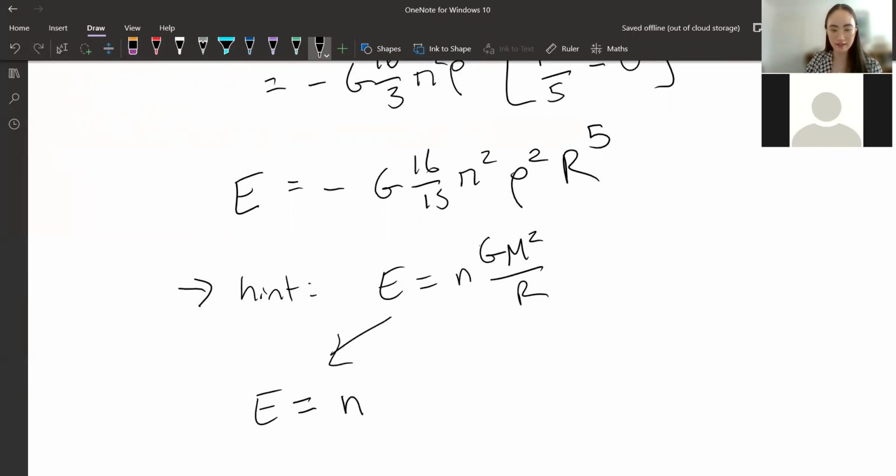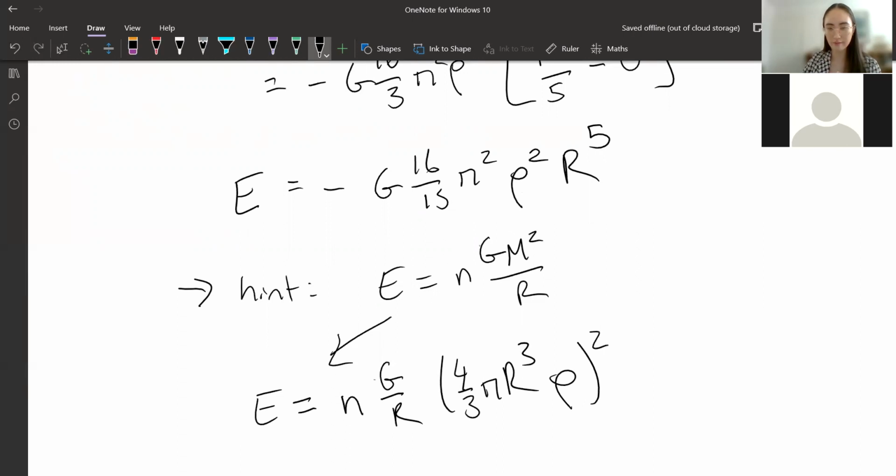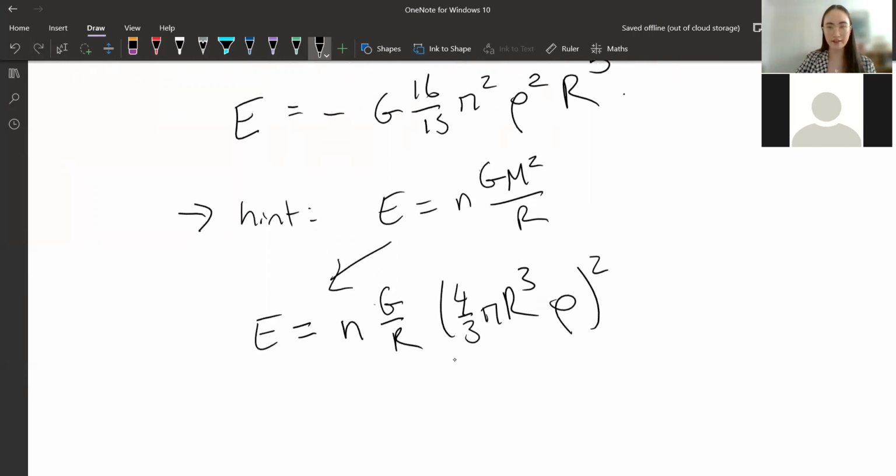That's going to be n g on r times 4 on 3 pi r cubed rho squared. So this is our mass of the final sphere. And then now we just compare this with this one. And what we get is n is equal to 16 on 15.